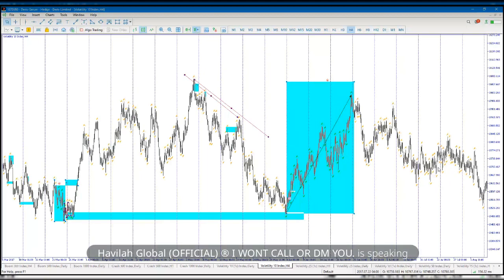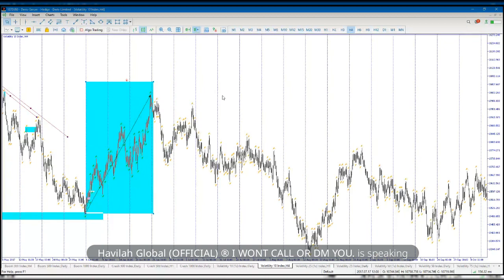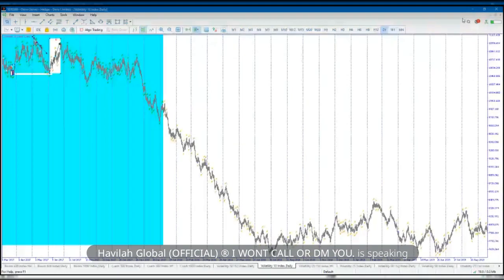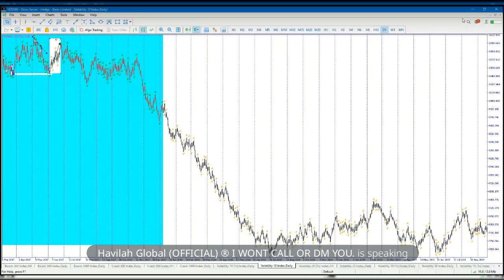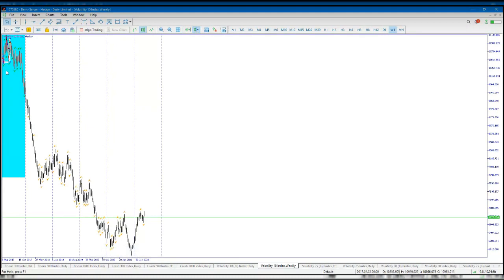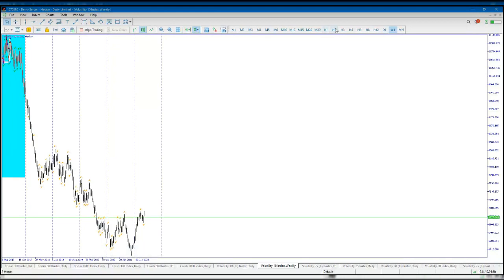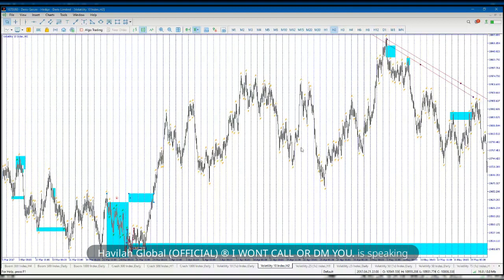And then what happened? Price also. So let's go back to our daily. Remember, we are working with what? The daily, the weekly order flow that we saw from the beginning. From the beginning, we are aware that this guy is a bullish move. So we are here.